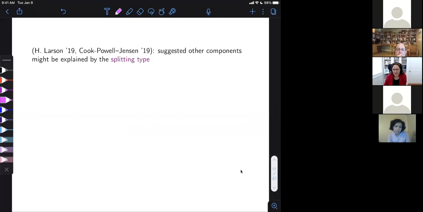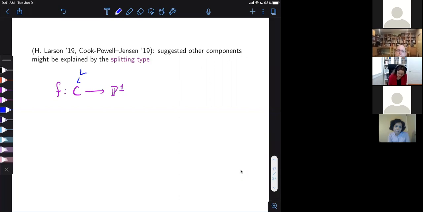It's not my result, but my collaborator Hannah Larson and Kaelin Cook-Powell and Dave Jensen in 2019 independently suggested that these other components could be explained by another discrete invariant, which is the splitting type. So to explain this, remember that we have this fixed map from C to P1, and we're looking at line bundles on C. So maybe we want to understand if these line bundles have at least R+1 independent sections to determine if they're in WRD.